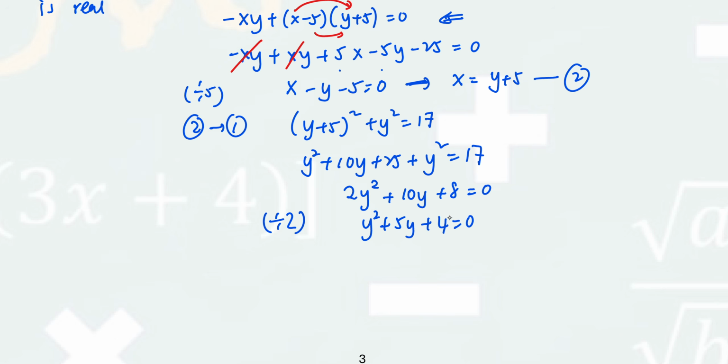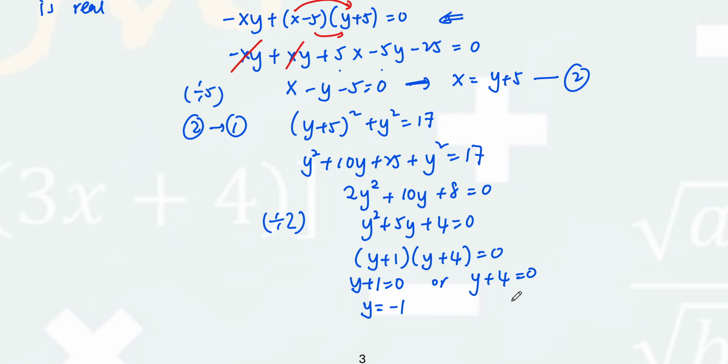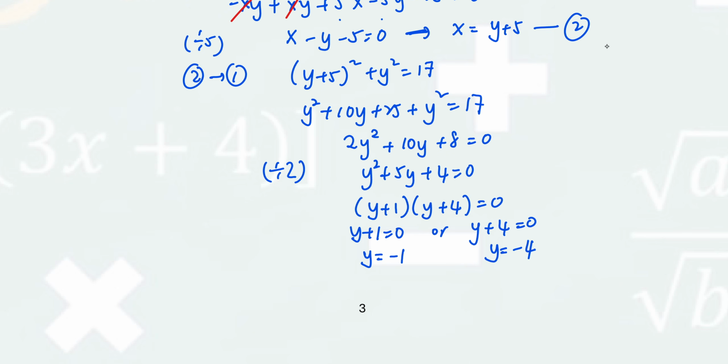Now this quadratic can be factorized into y plus 1 and y plus 4. So either y plus 1 equals 0 or y plus 4 equals 0, which means y is either minus 1 or minus 4. Once I have found y, to find x, just substitute back into the second equation: x equals y plus 5.